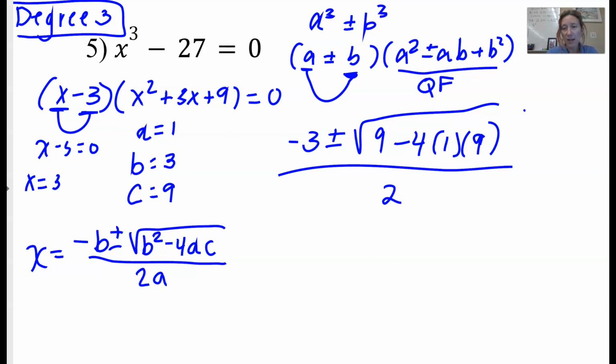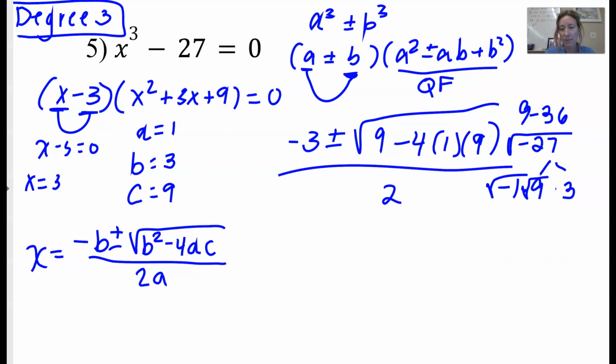So I've got 9 minus 36, which is negative 27 inside the radical. So negative 27, that's 9 times negative 1 times 3. The square root of negative 1, oh my gosh, I forgot about you, it's i. The square root of 9 is 3, and rad 3 stays behind.